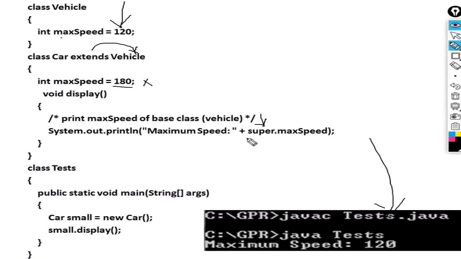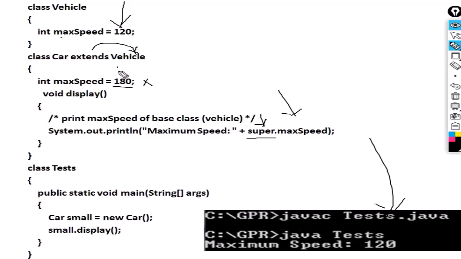Whenever you have base class variable names and derived class variable names that are the same, and base class methods and derived class methods that are the same, and you want to print that particular method name from the derived class, it takes the derived class object by default.